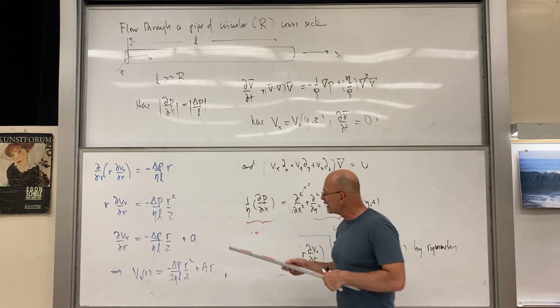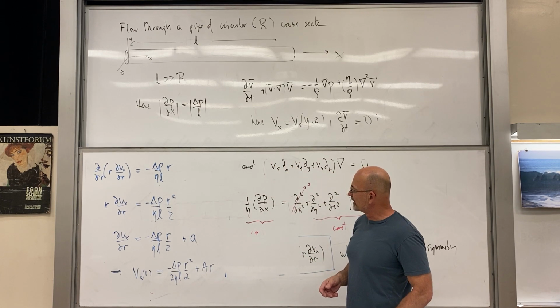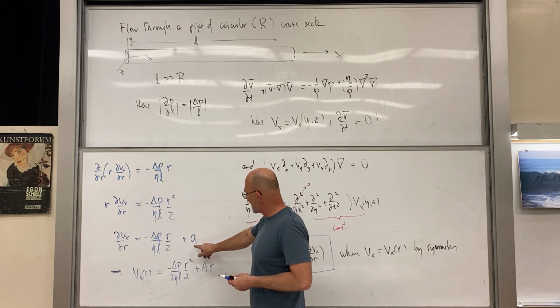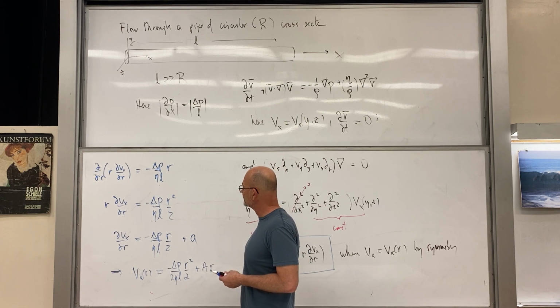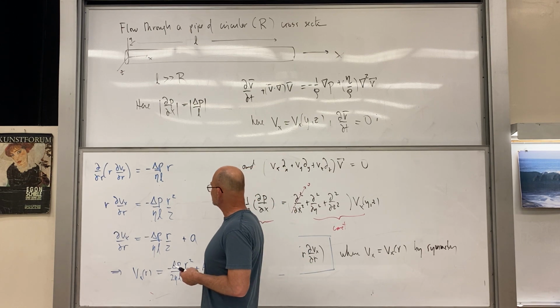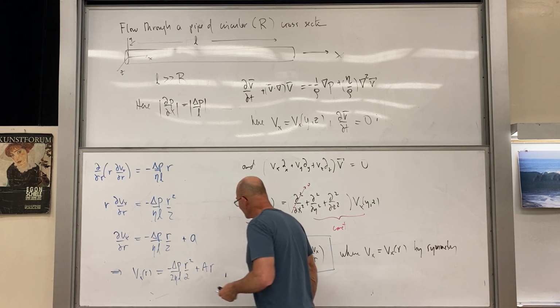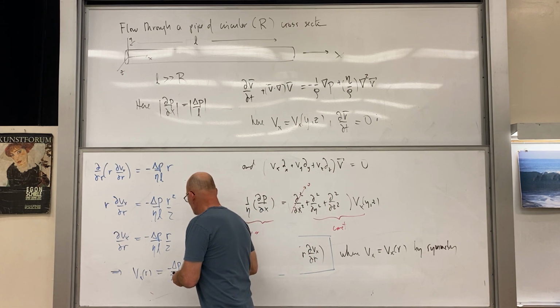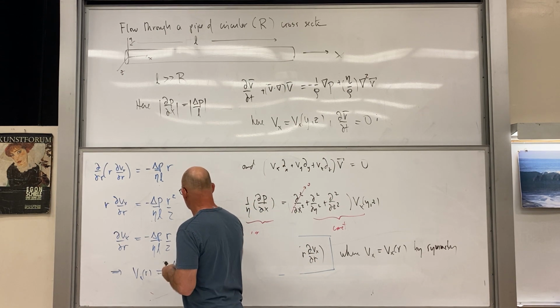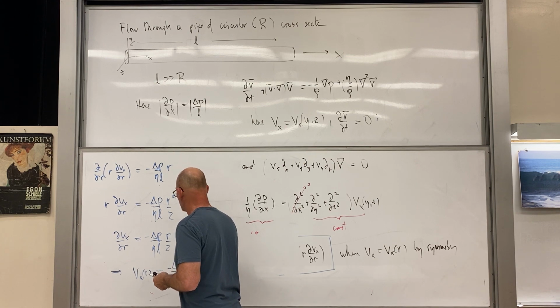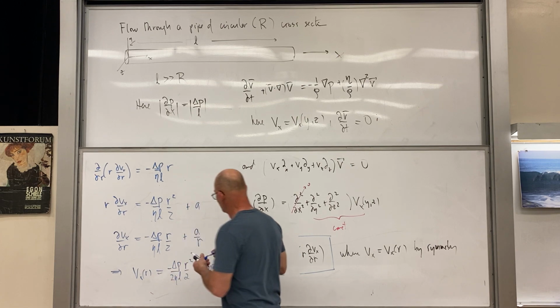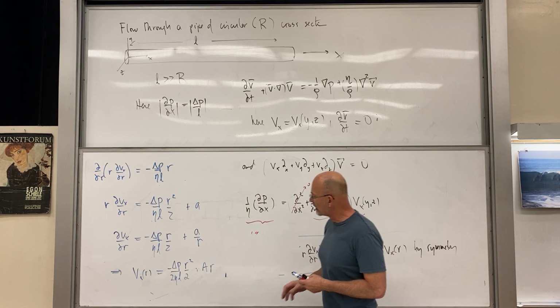Good, so if I had a constant here, then when I divided, I actually had a 1 over r. So I should have had a constant here, and then plus a over r. So that one's actually important. Let's do this again.